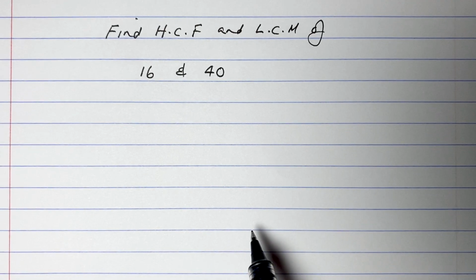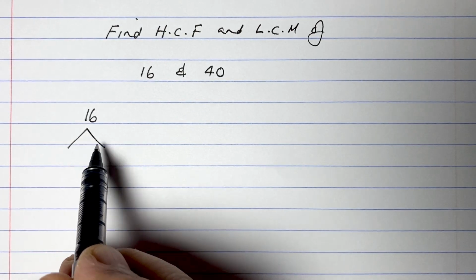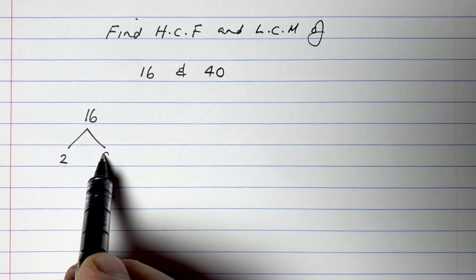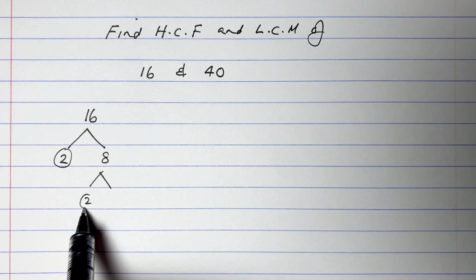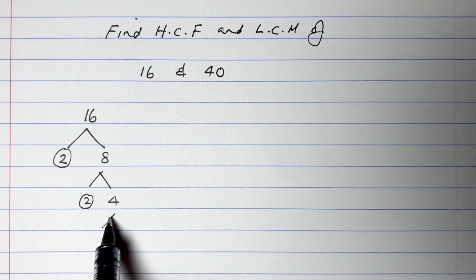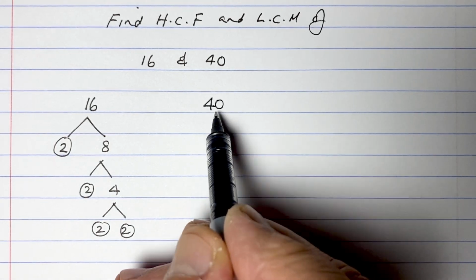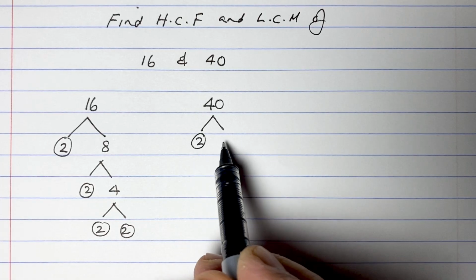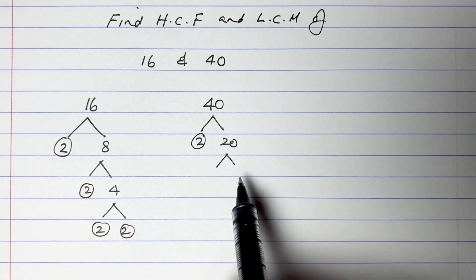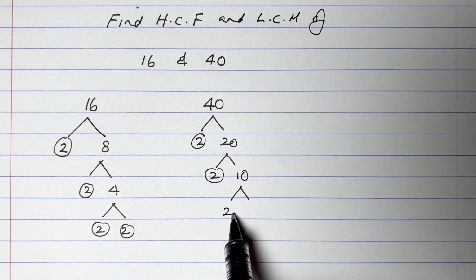So first we need to go on to the prime factor decompositions. 16 is 2 and 8. 8 is 2 and 4. And 4 is 2 and 2. Go to 40 now. Any two numbers that give me 40: 2 and 20. 2 and 10. 2 and 5.